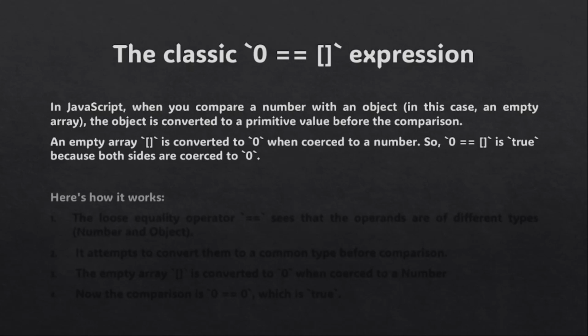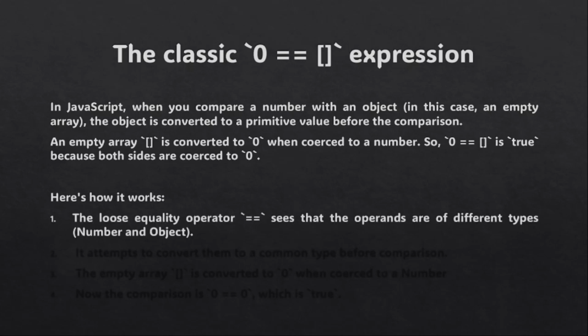Now let's see how this works. First, the loose equality operator sees that you've given it two different types, a number and an object.